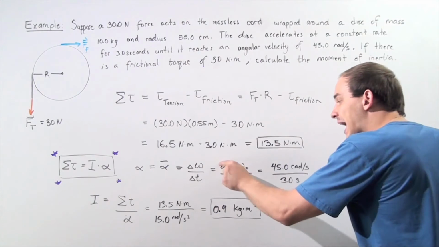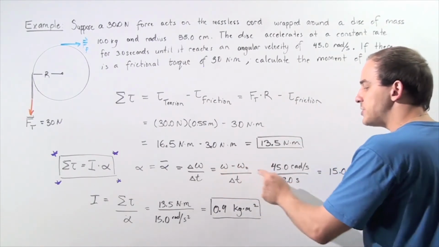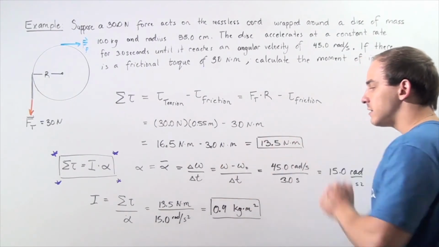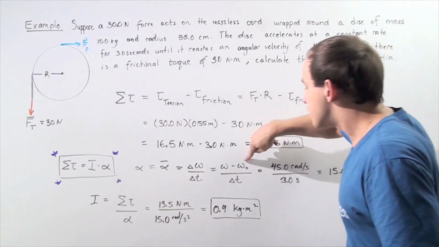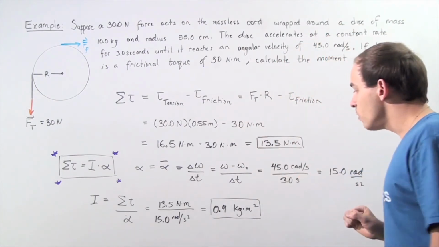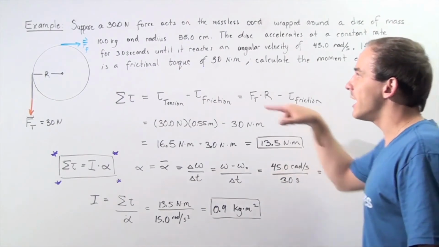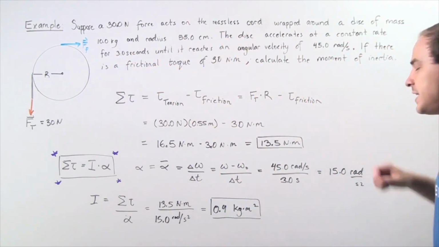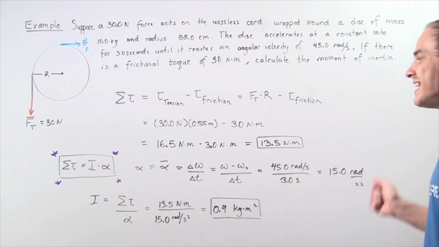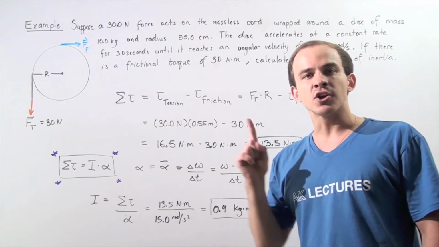So our final angular velocity minus initial angular velocity divided by change in time, our final angular velocity is given to be 45 radians per second. The initial is set to be 0. So we simply have 45 radians per second divided by a time interval of 3 seconds, and we get 15 radians per second squared is our instantaneous or average angular acceleration.